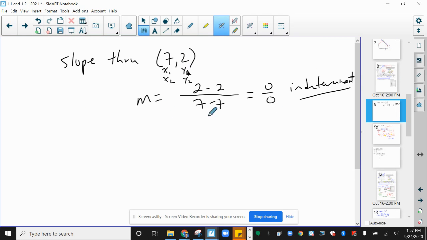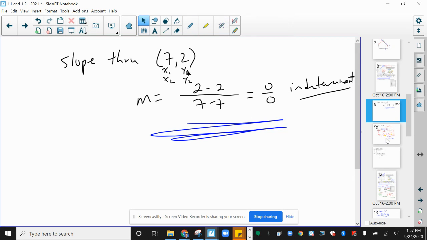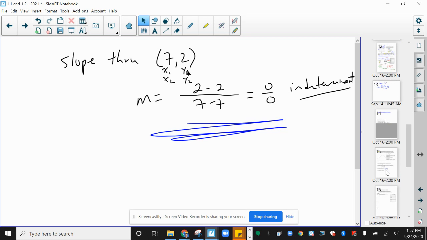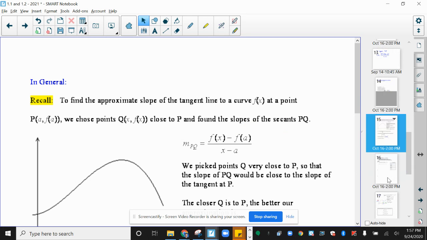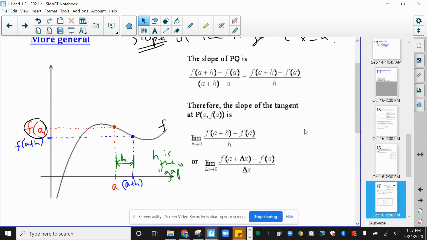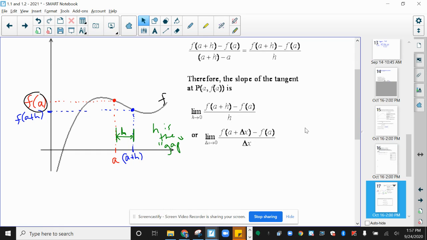If you put it on the exact same spot, this happens. You just end up with 0 over 0, like everything stops. So what can be done? This is where we need to know limits.